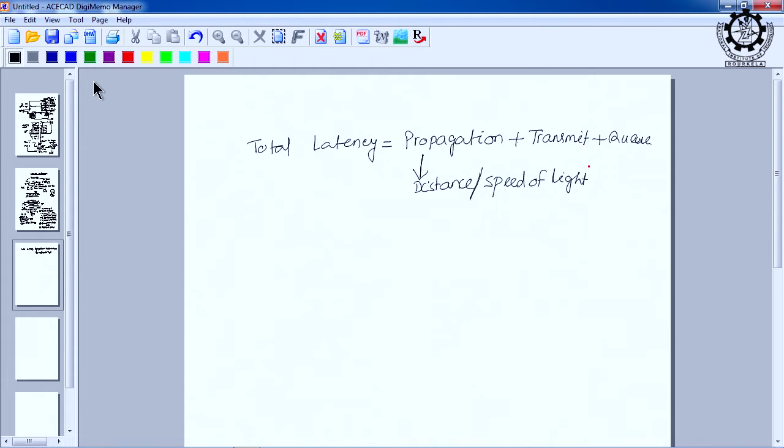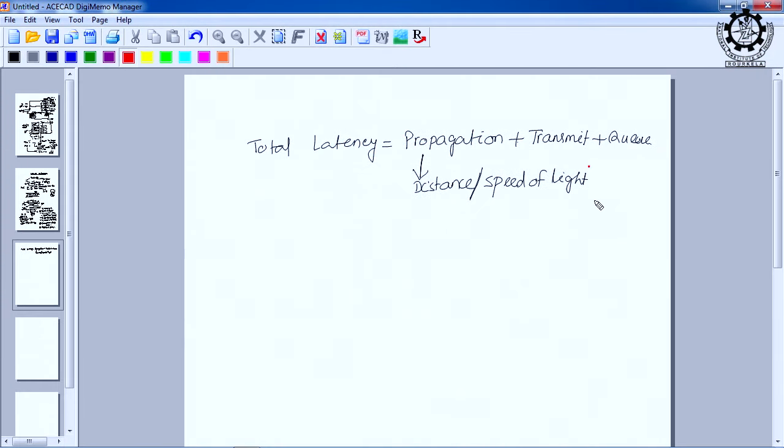That is your propagation delay. And what is the transmission delay? Transmission delay is nothing but the size of the packet divided by the bandwidth, and another is the queuing delay.